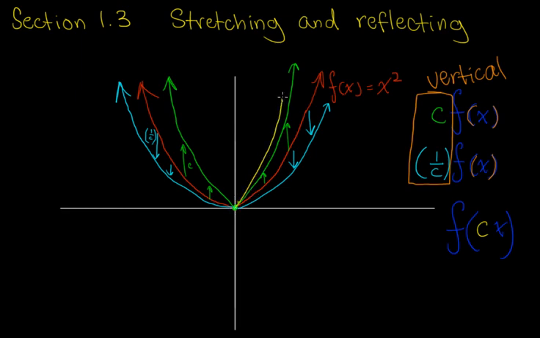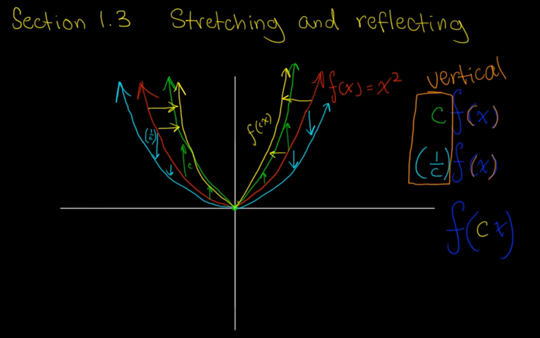It's basically going to be the same as this green one here, except it's not vertical, it's horizontal. So you think of it this way, bam, like that, bam to the yellow, like that. So that would be f of c times x, and that's shrinking by a factor of c.